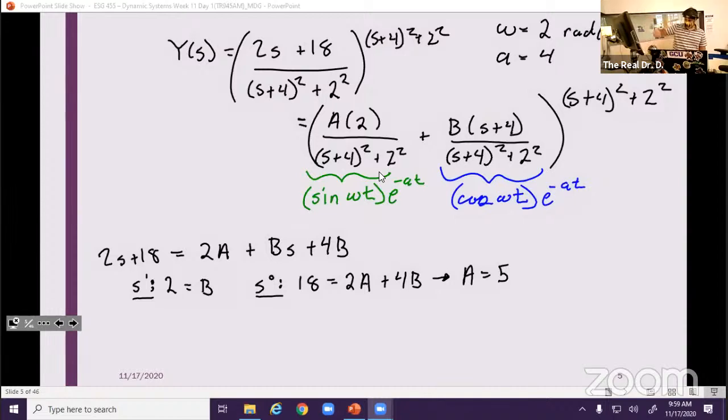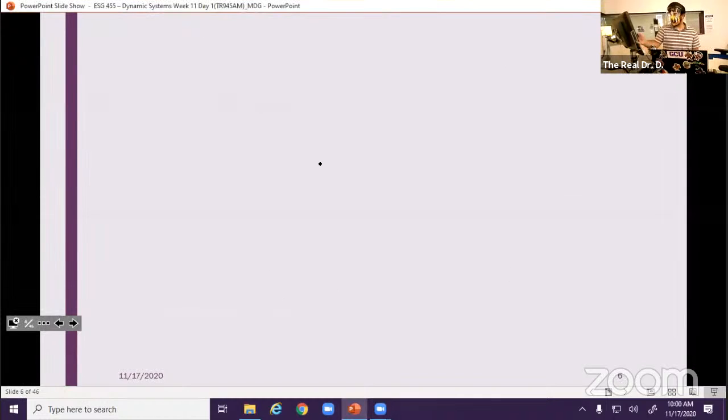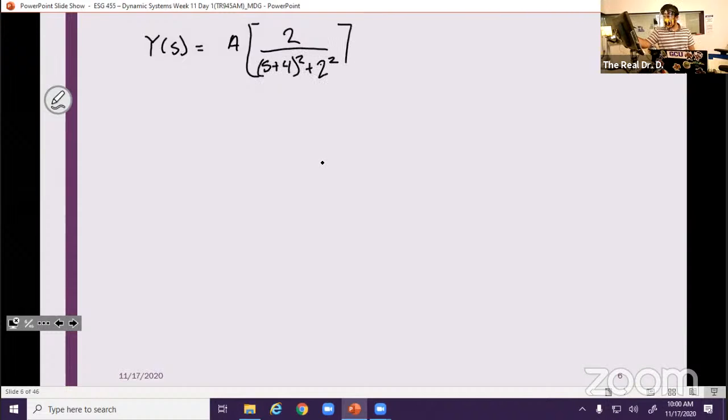So now we're just going to take this. I can say that y of s was equal to a times 2 over s plus 4 squared plus 2 squared, plus b times s plus 4 over s plus 4 squared plus 2 squared.